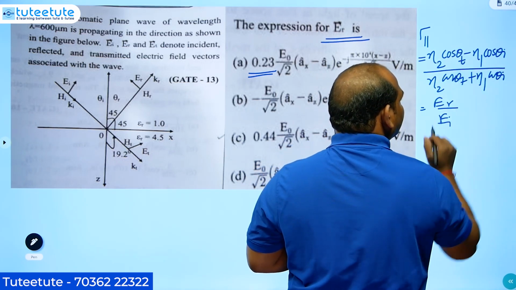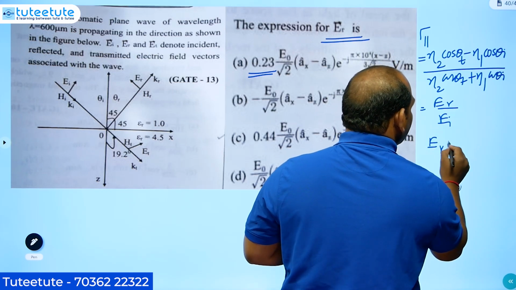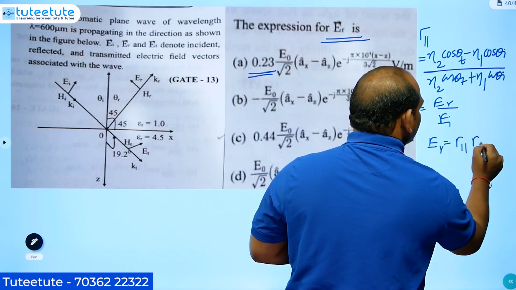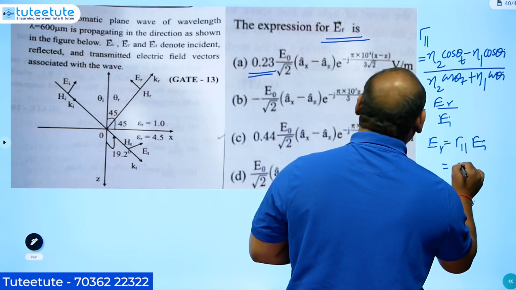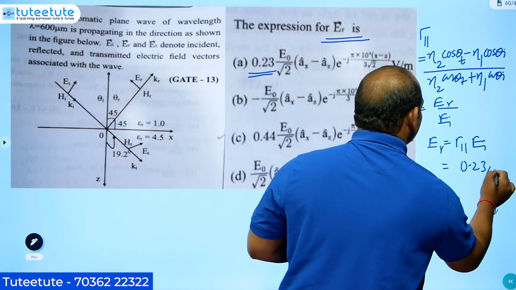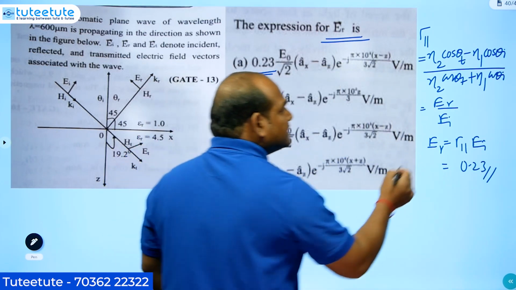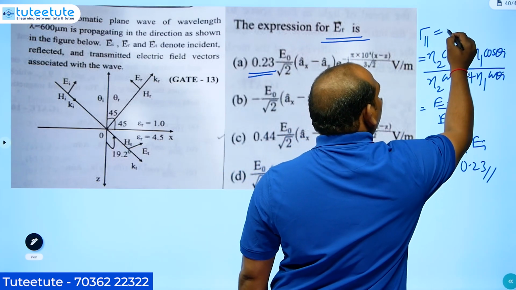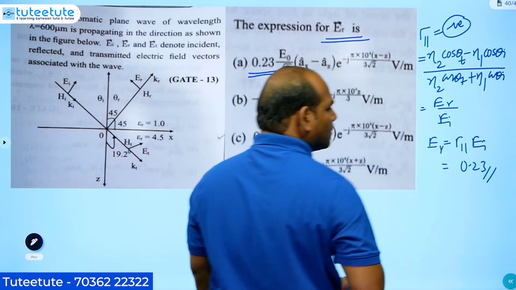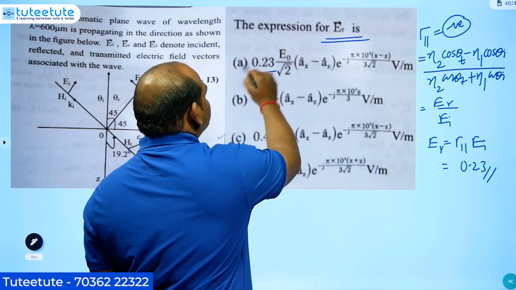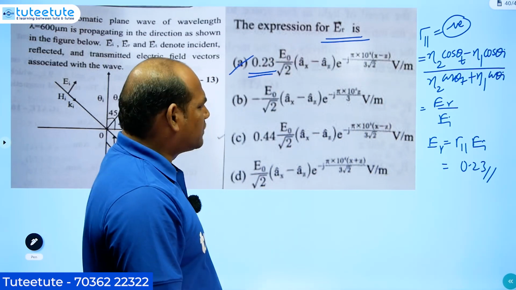From that you can get ER is equal to gamma parallel into EI. If you calculate, you will get 0.23, and this will be a negative number. So option A will be the correct option. Like that you can solve.